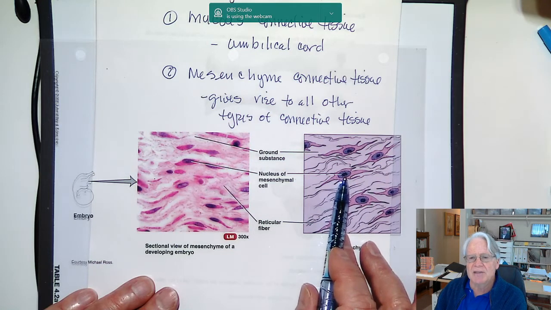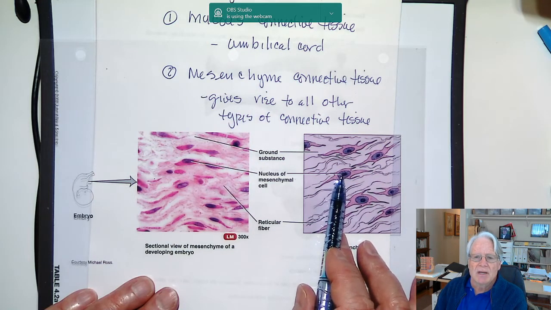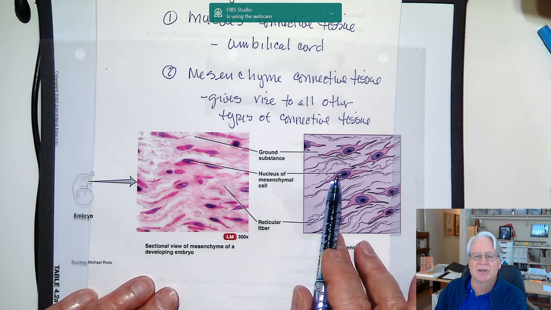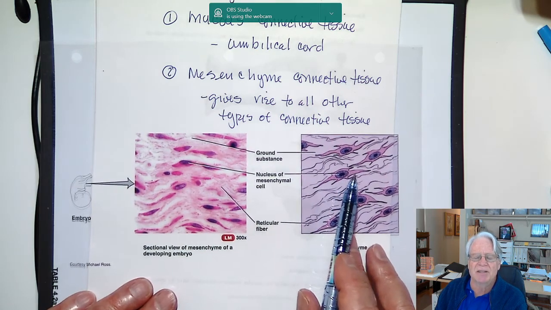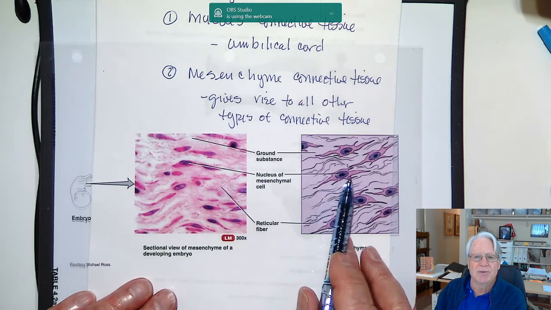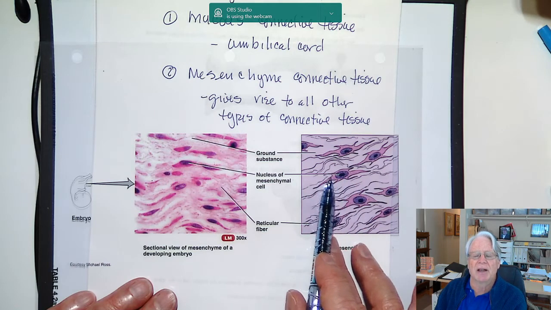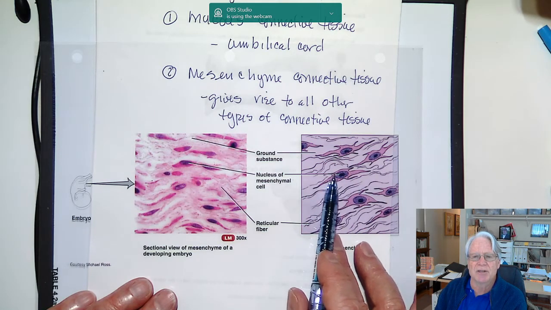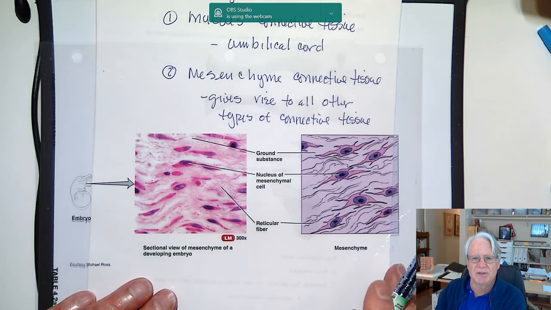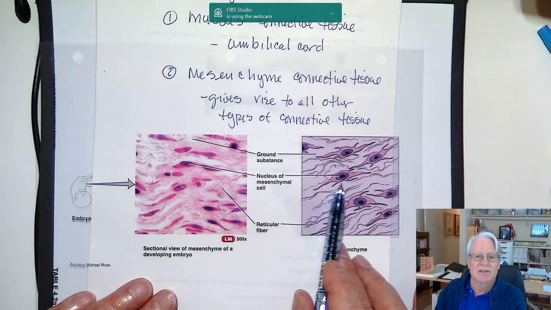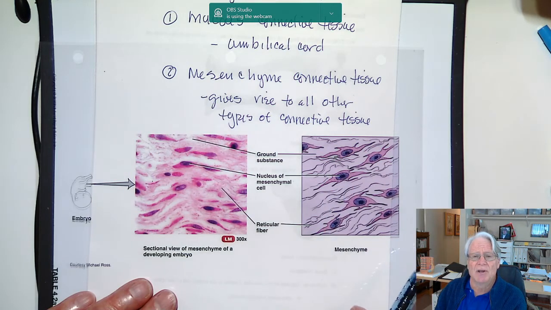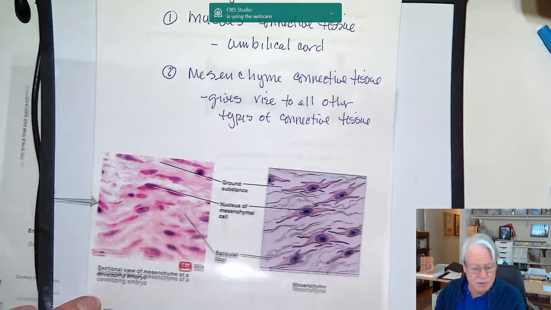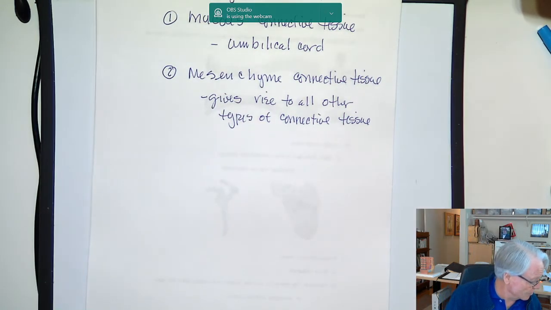This will give rise to osteoblast, it'll give rise to chondroblast, it'll give rise to a number of different cells, which then build very specific types of connective tissue. So this is the precursor cell to many of the cells that we're going to be talking about as we get into different types of connective tissue. And it's the kind of stem cell of all connective tissue cells. All right.